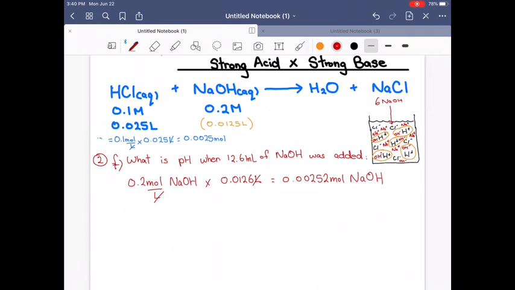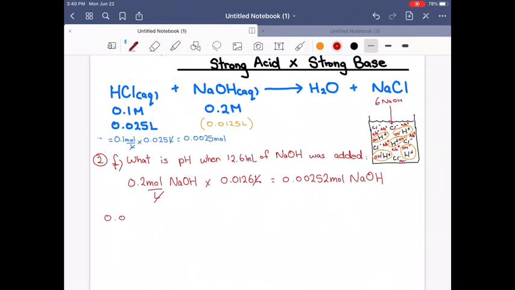So that's the total mole of NaOH. Now, we know for a fact that these guys are 1-to-1, right? The amount of moles of HCl will equal the amount of moles of NaOH. That's a fact. So I'm going to do this calculation once, and I guess I'll never do it again.